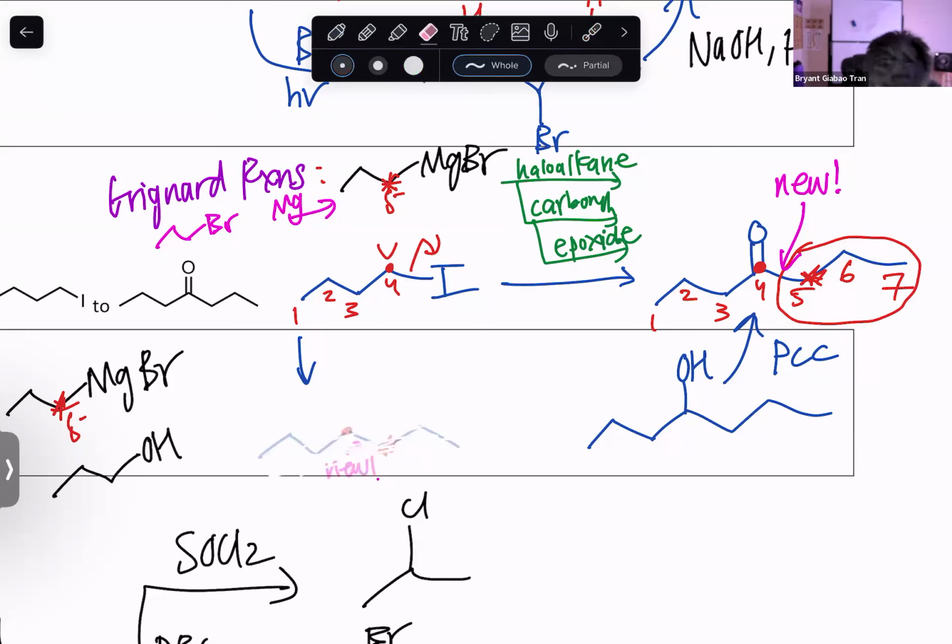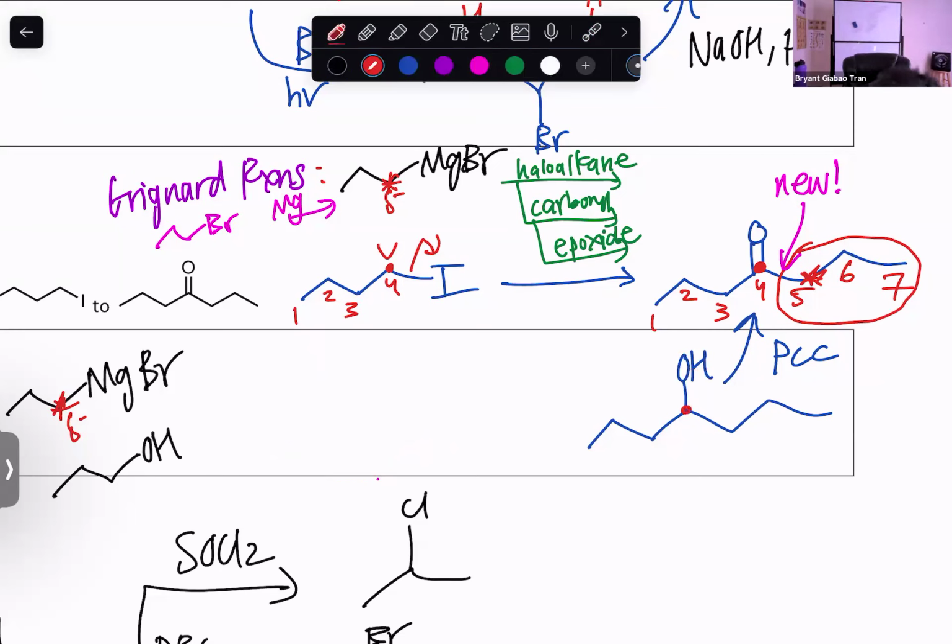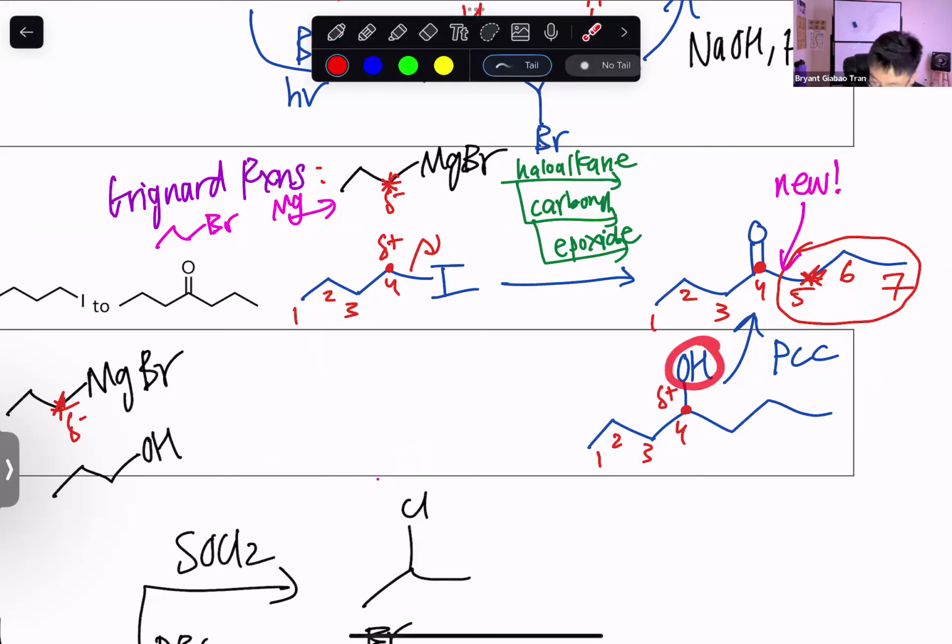Right. So to get this alcohol right here, let's say that alcohol is this dot carbon right here, which is that dot carbon on carbon 4. We want to make that carbon 4 electrophilic, right? We want it to be the partial positive charge somehow, and when it gets attacked, it's still attached to an oxygen right there. To do that, we could say that this came from a carbonyl, a carbon double bond oxygen, right?